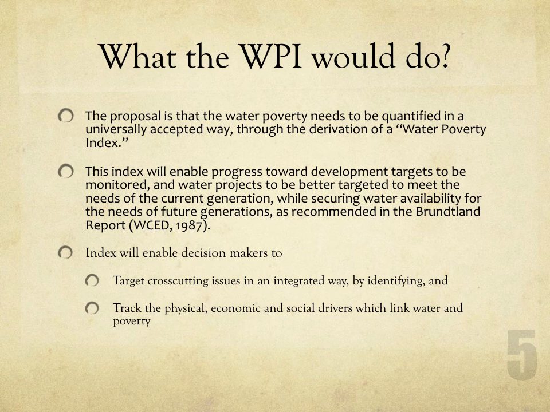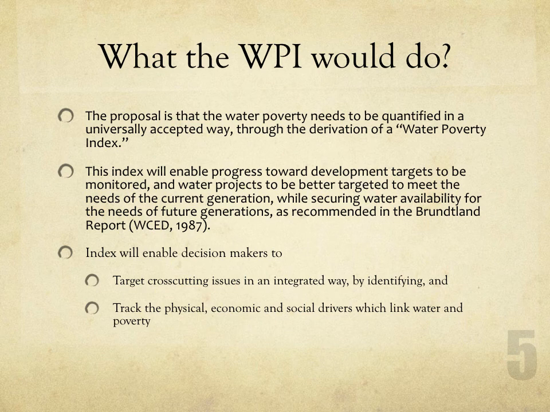So her proposal is that water poverty needs to be quantified in a universally accepted way through the derivation of a water poverty index. What would it do? It would enable progress towards development targets to be monitored, and water projects to be better targeted to meet the needs of the current generation while securing water availability for the needs of future generations, as recommended in the Brundtland report.